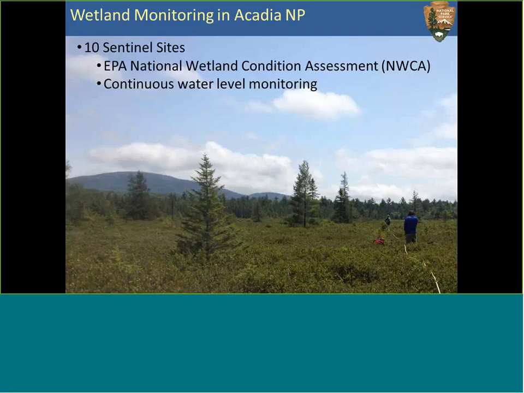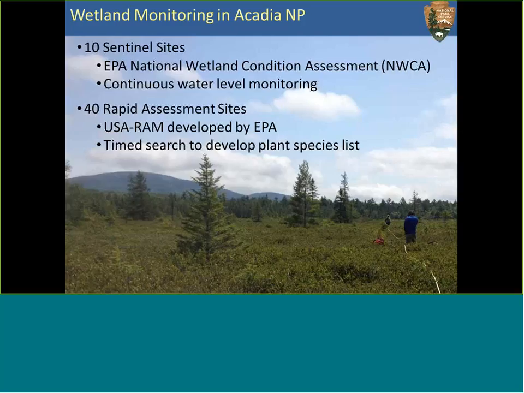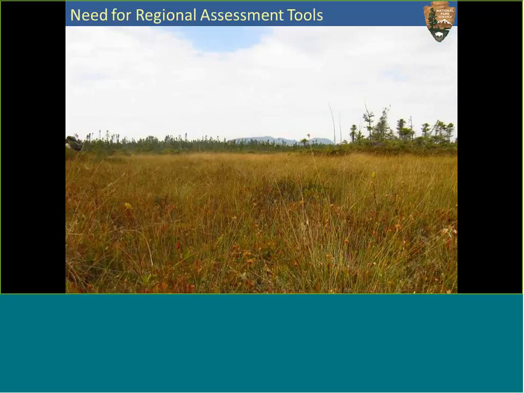And these are hand-picked sites to represent the best of the best wetlands in Acadia. And then we also have 40 rapid assessment sites that are randomly selected, and we only conduct the USA RAM developed by EPA, and then also a time search for a plant species list. The rapid assessment sites we sample in between the years of the NWCA.